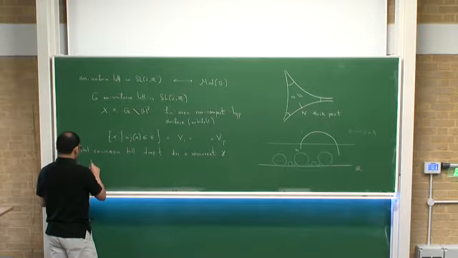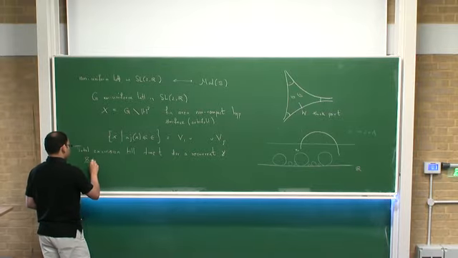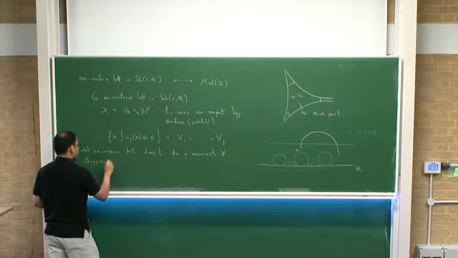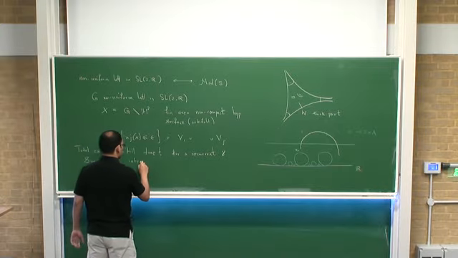So suppose gamma intersects some horoball.